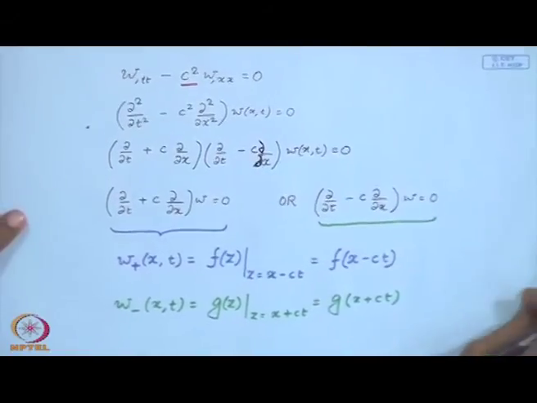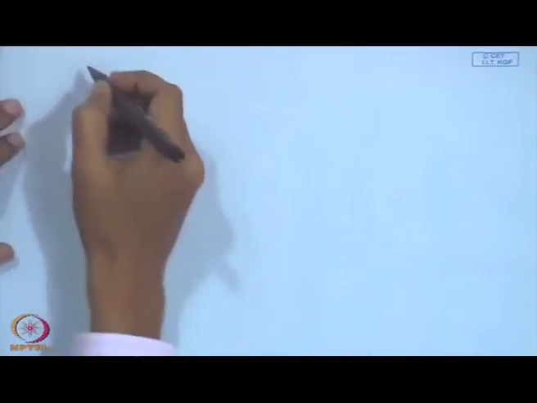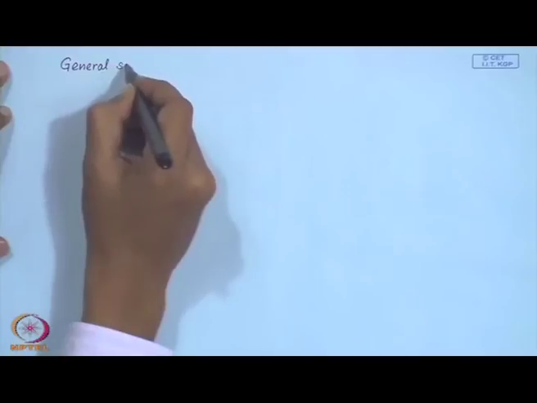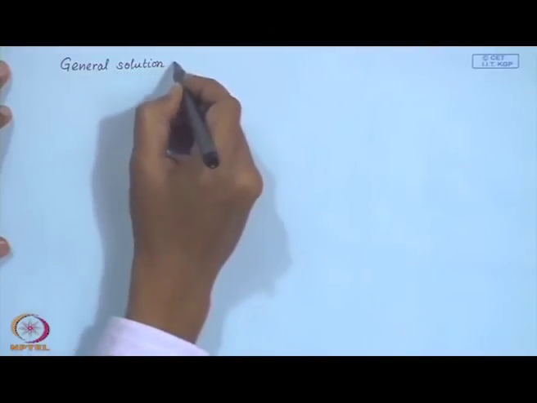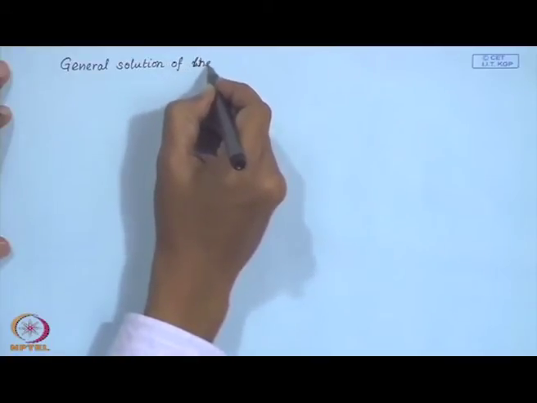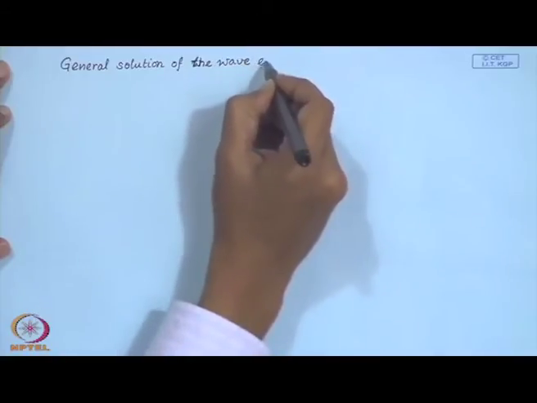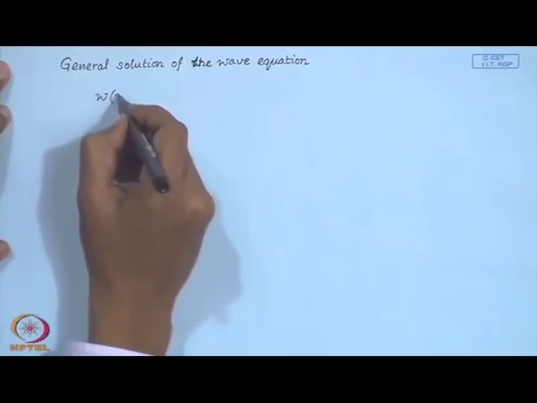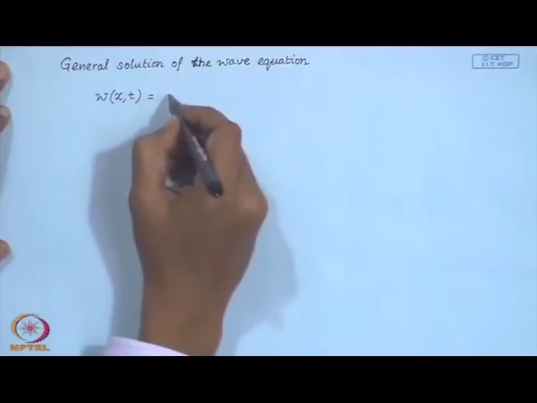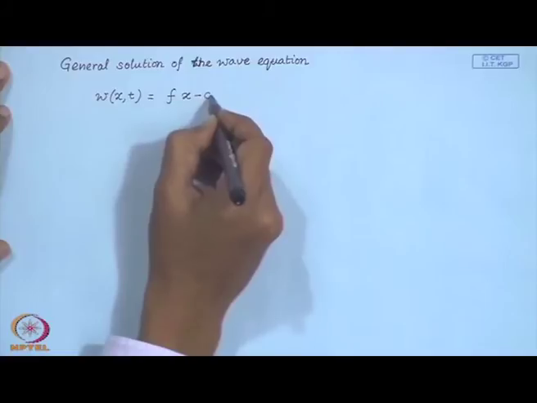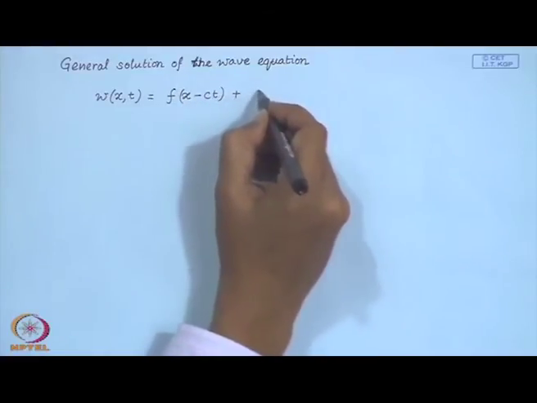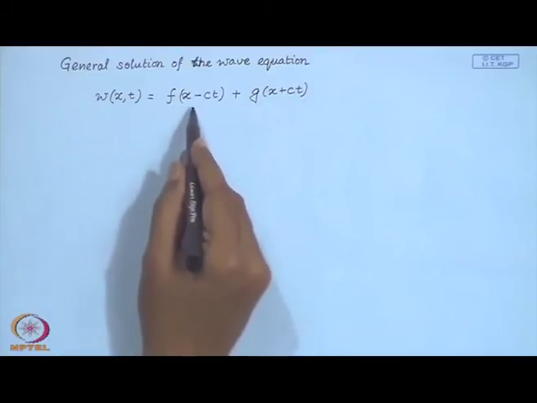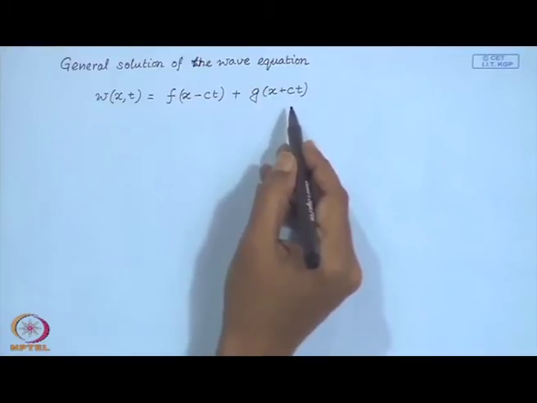So, these are the two solutions of these two differential equations. Now, it can be shown that the general solution of the wave equation can be written as f of x minus c t plus g of x plus c t.